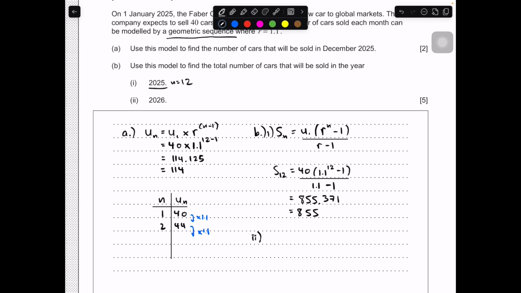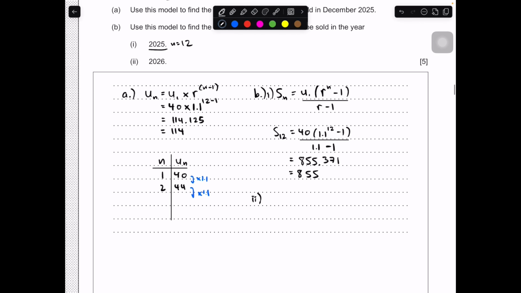Use this model to find the total number of cars that will be sold in 2026. So maybe I'll use this table. If we go down all the way, this is going to be the 12th year. And we know how many cars were sold in those 12 years. It was 855, roughly speaking.